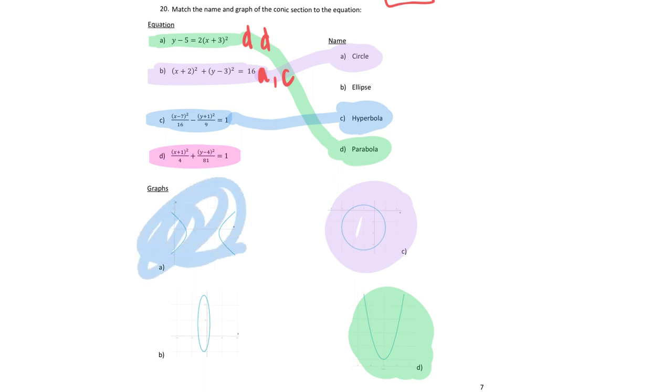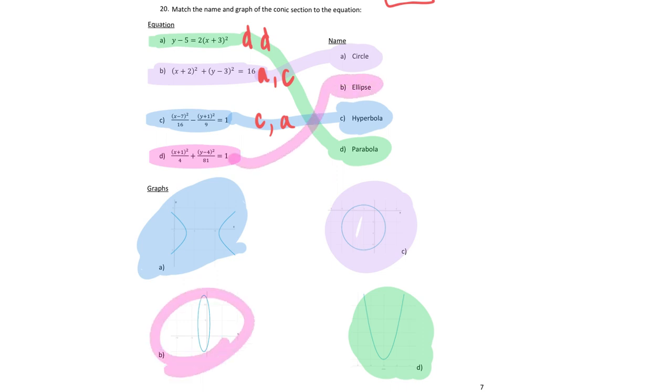Our hyperbola is A. So for C, you're going to write that matches to C for the name, A for the graph. And then the last one here is D. D is going to be an ellipse, and B is my ellipse graph. So we're going to say that D matches to B for the name, ellipse, and B for the graph.